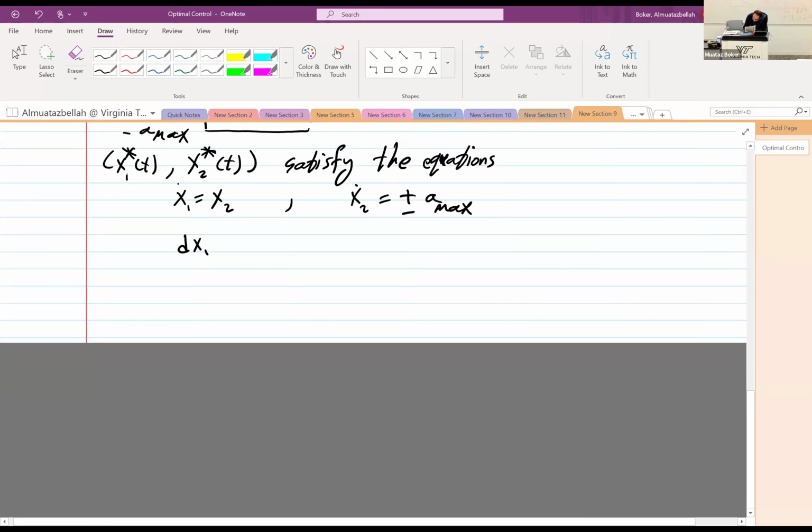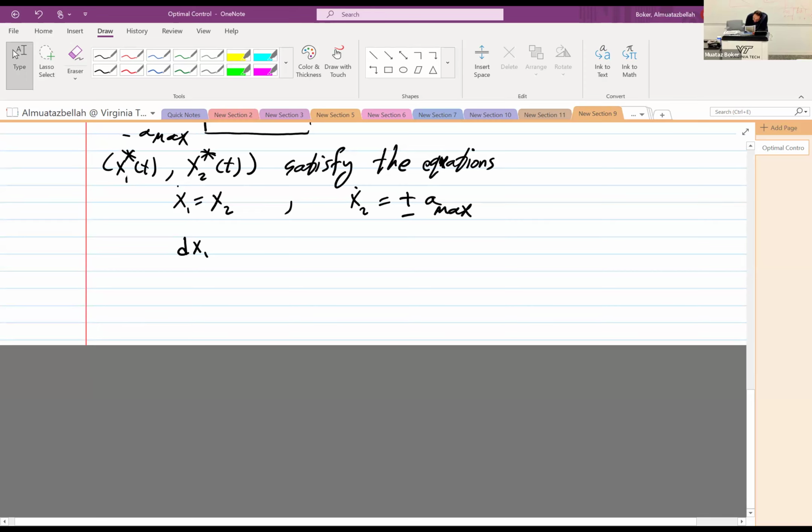So if I divide dx1 over dx2, so if I divide these two equations, dt will go with dt, and I will end up with x2 over plus or minus A max. You'll see why I'm doing this in a minute.